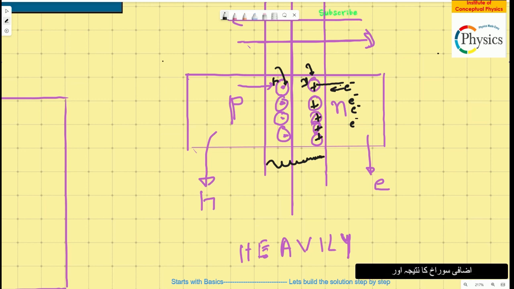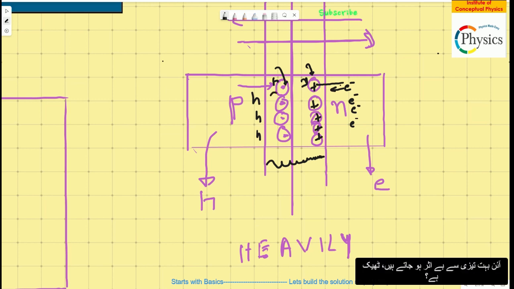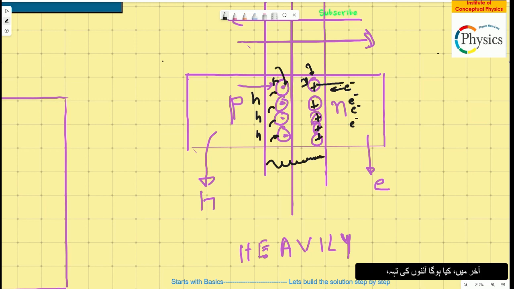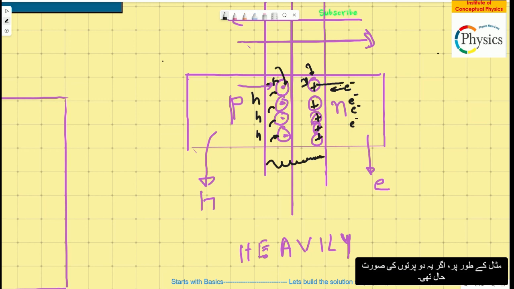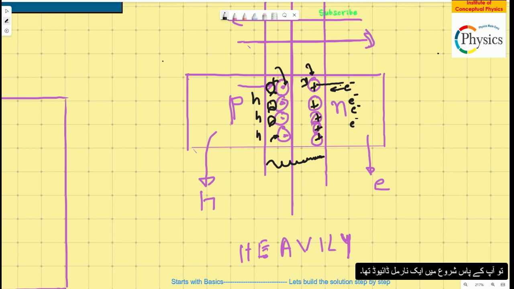The consequence of excess holes and excess electrons is that these ions get neutralized very fast, right? Finally, what will happen is the layer of ions, for example, if this was a two-layer situation. So you initially had a normal diode, and you had two layers.